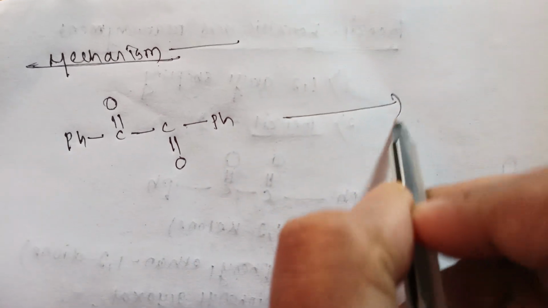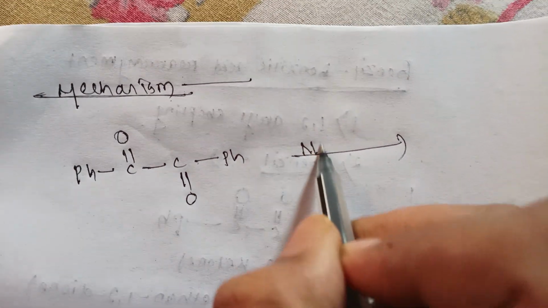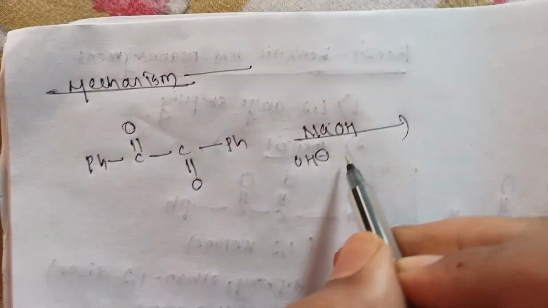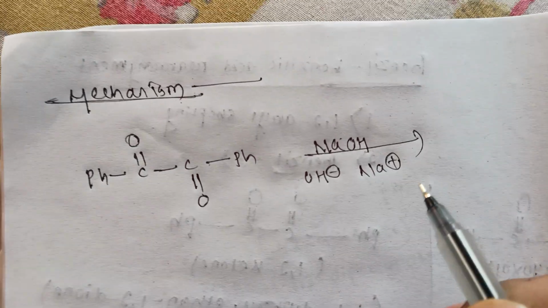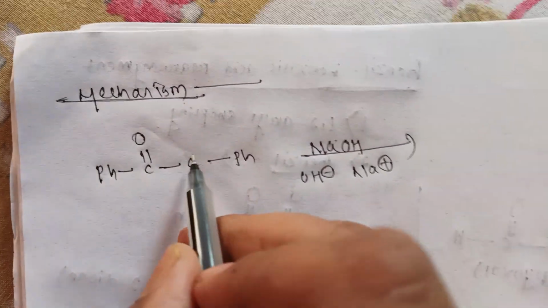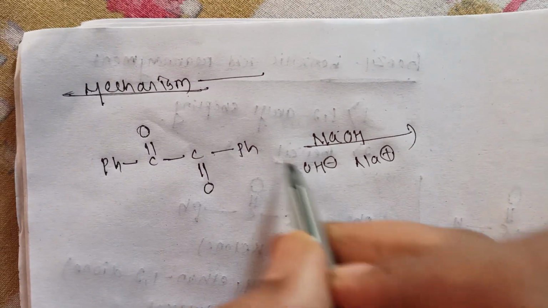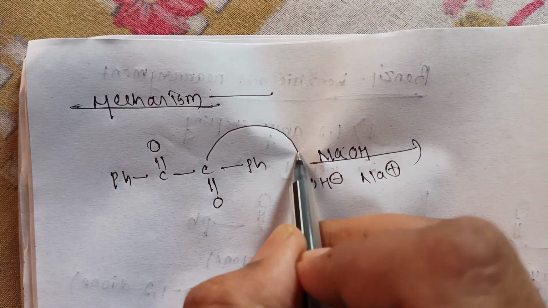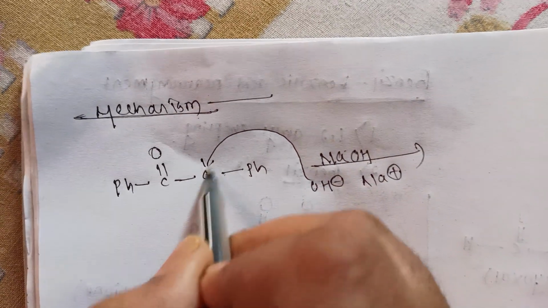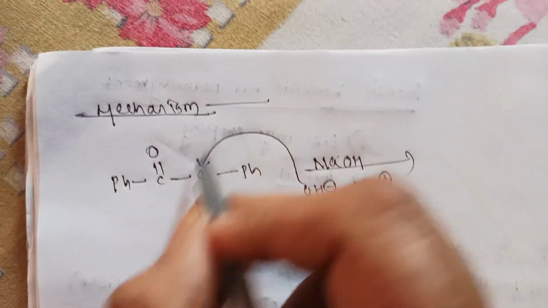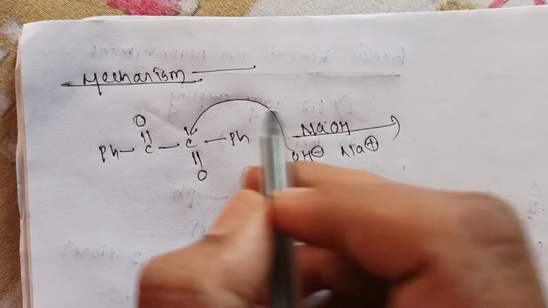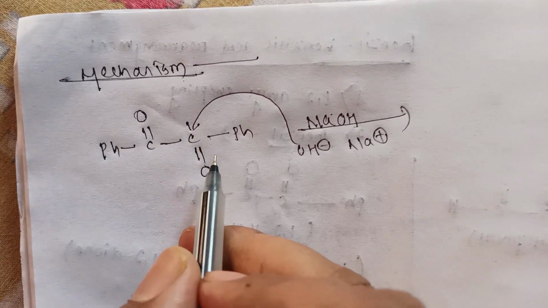Now you can see when the NaOH molecule breaks, it forms OH minus and Na plus. This OH minus will attack this carbon atom. Due to this attack of the OH group on the carbon atom, the carbon atom becomes unstable because it has already formed 4 bonds.